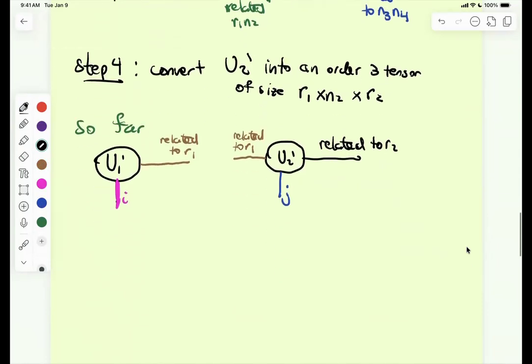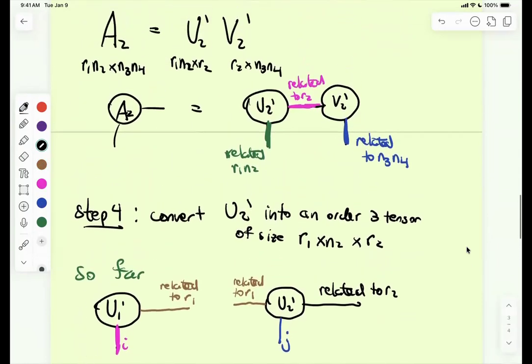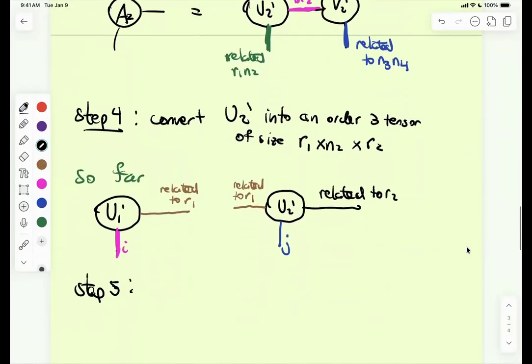Okay, so the next step, you look at V2 prime. So you work with V2 prime. This was a matrix.